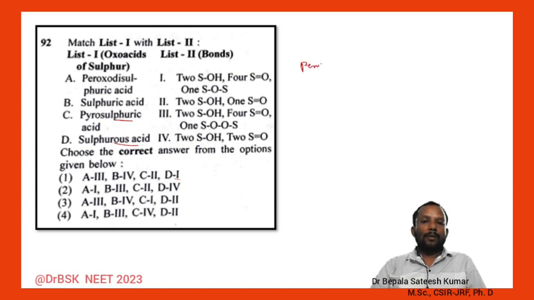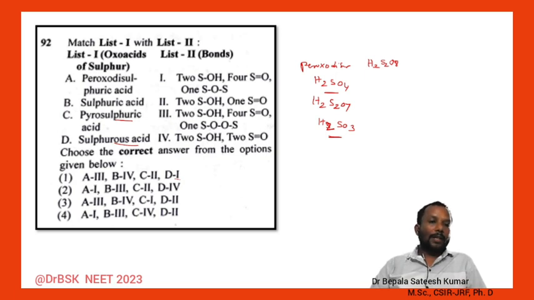Peroxydisulfuric acid is H2S2O8, sulfuric acid is H2SO4, pyrosulfuric acid is H2S2O7, and sulfurous acid is H2SO3. So see this structure of peroxydisulfuric acid.